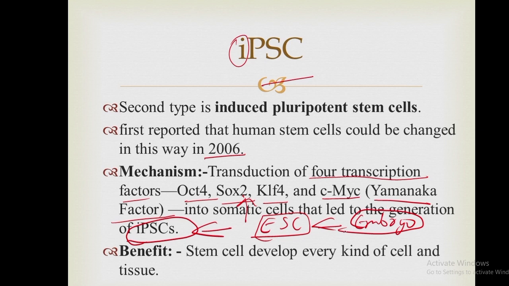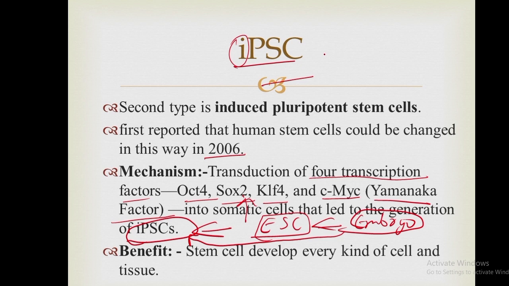That's why the production of iPSC is better, because these are generated from somatic cells, so no embryos are used and no life is harmed. That's why it comes under ethical issues. So it is more useful than ESC.